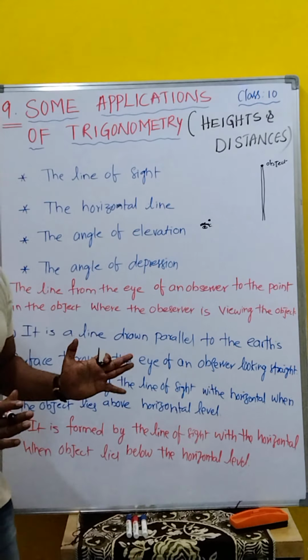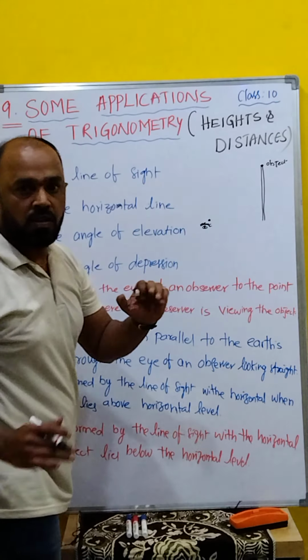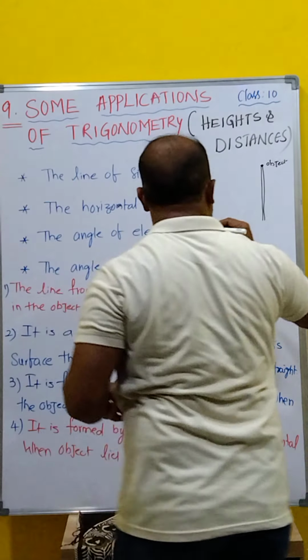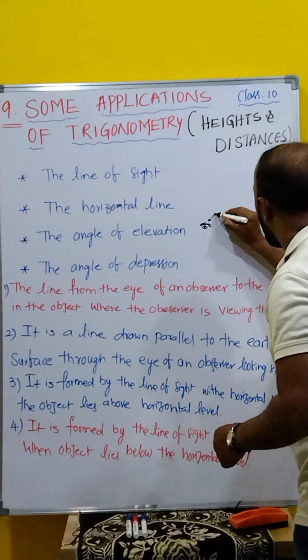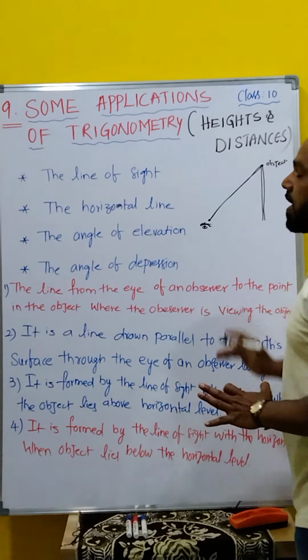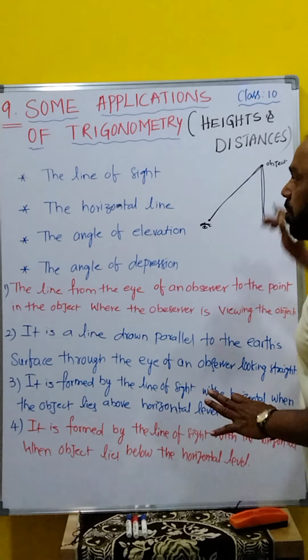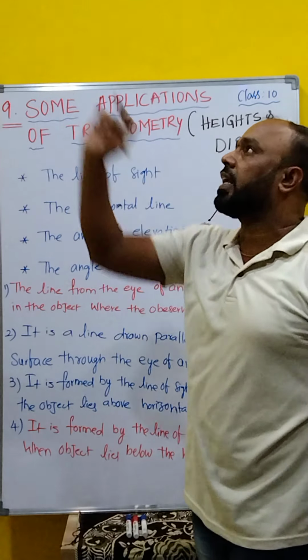Now, what is the line of sight exactly? It is from eye to object. If you are observing like this, it is exactly a straight line. Eye is down and object is up. We are seeing exactly up.